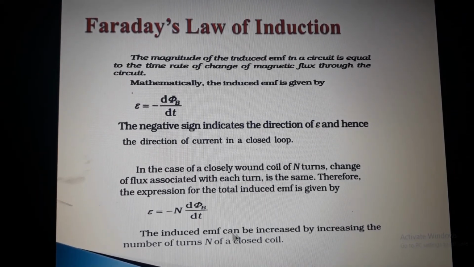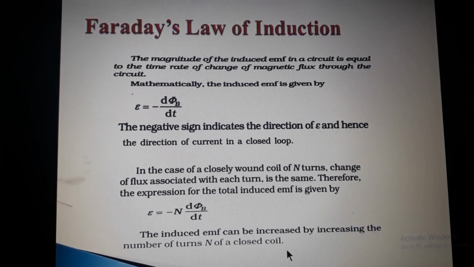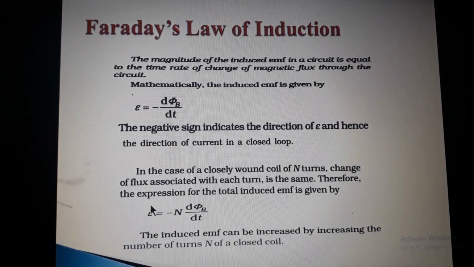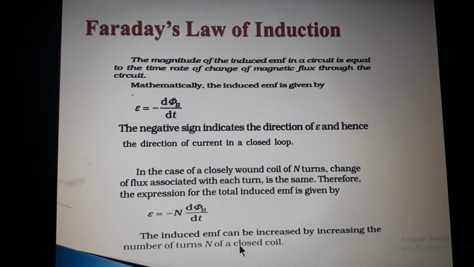So the induced EMF can be increased by increasing the number of turns n of a closed coil. If you want to increase the induced EMF, just increase the number of turns, and the EMF is increased.